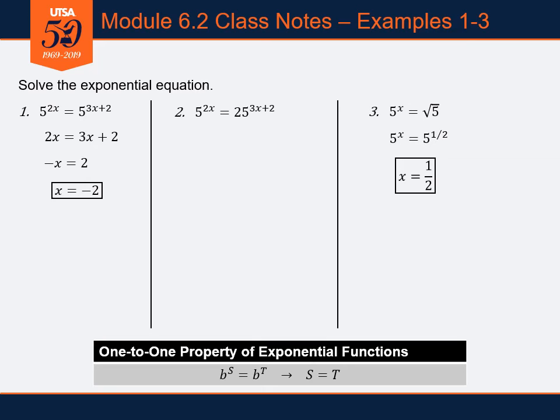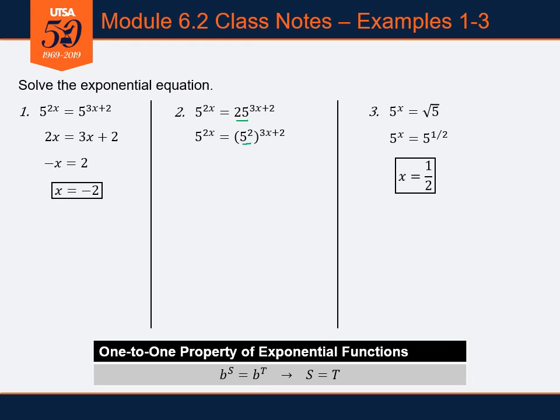And you say, well, that's not the same base. But actually, it almost is, because 25 is a power of 5. So I could simply rewrite 25 as 5 squared. That's all I'm doing in that first step. 25 is the same thing as 5 squared.